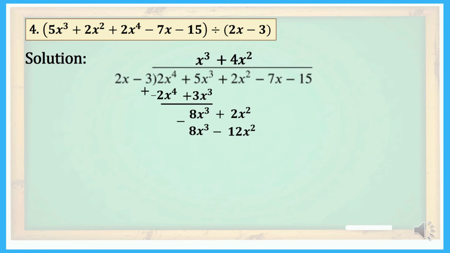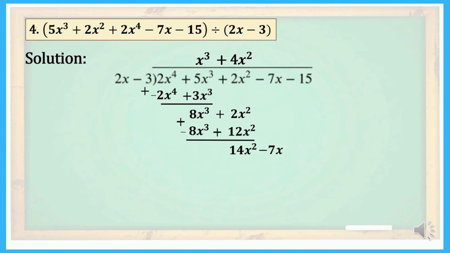Change the sign of the subtrahend: 8x cubed will become negative 8x cubed, and negative 12x squared will become positive 12x squared. Proceed to addition. 8x cubed plus negative 8x cubed is 0. 2x squared plus 12x squared is 14x squared.